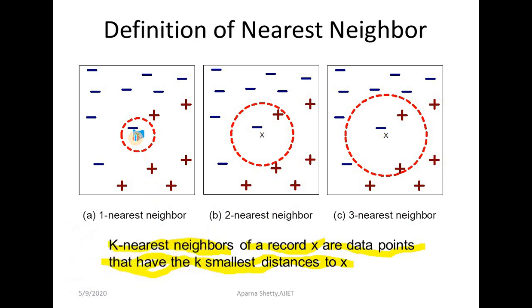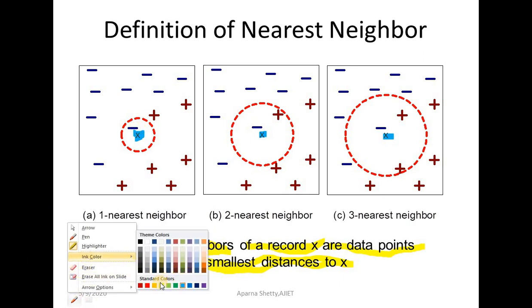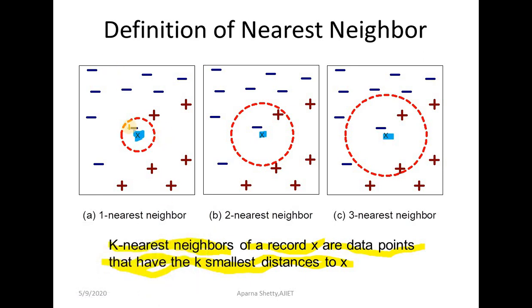This is an example of one nearest neighbor, correct? This is one nearest neighbor. These are the two nearest neighbors, so this is an example of two nearest neighbors. Similarly, this is an example of three nearest neighbors.